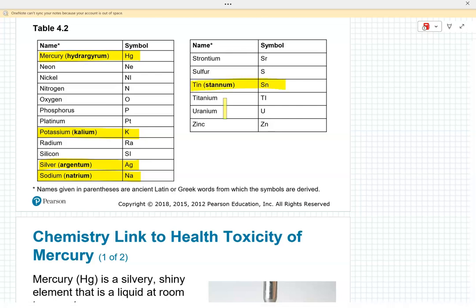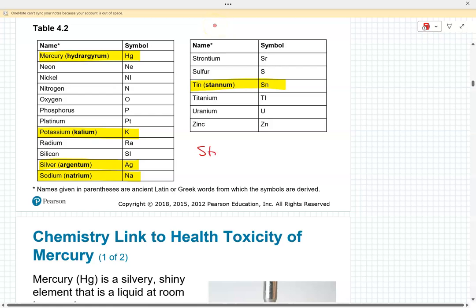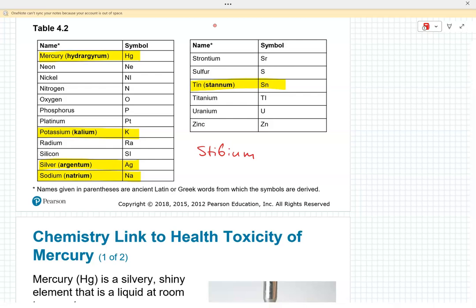This is why I said. Okay? We don't talk about, what is that, Sb? I forgot what the term is in English, but Sb, element number 51, is another example. I don't remember what this element is called in English. I studied chemistry in Russian.